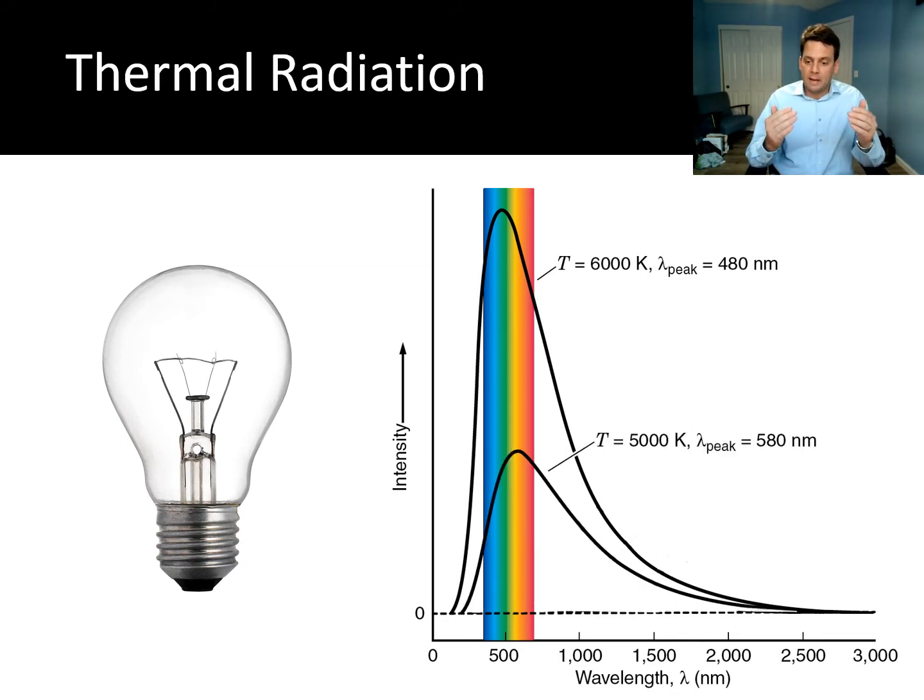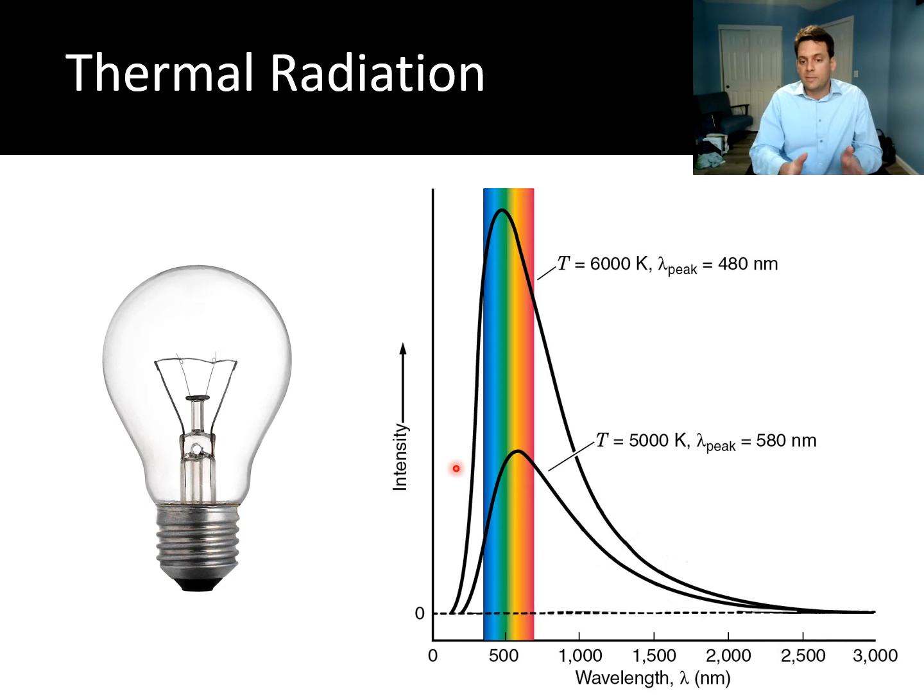If we were to cool off the sun, for example, by just 1,000 Kelvin, so instead of 6,000 Kelvin, we bring it down to 5,000 Kelvin, you see the curve changes quite a bit. And it changes in two significant ways. The first is that the curve gets pulled down significantly, so the total intensity is much lower, and we'll say more about that in a little bit.